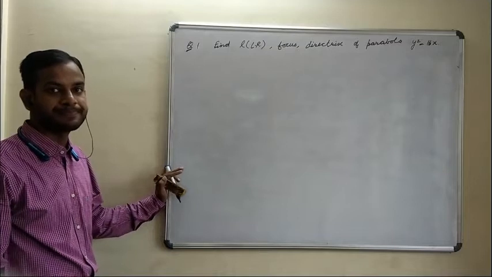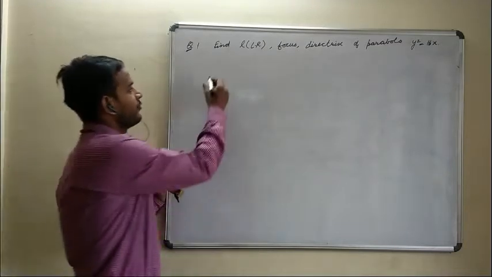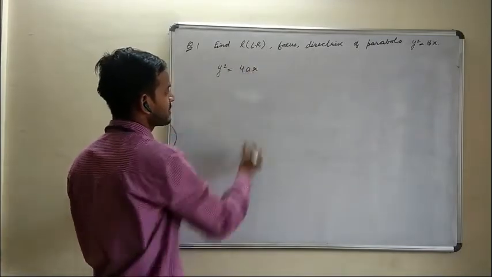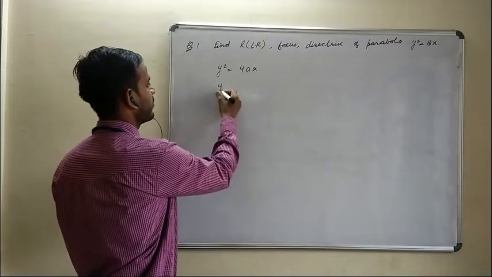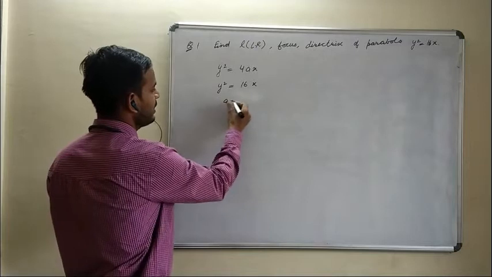Okay. So we have already seen y square equal to 4ax. Compare it with y square equal to 16x. Okay, so a is equal to 4.